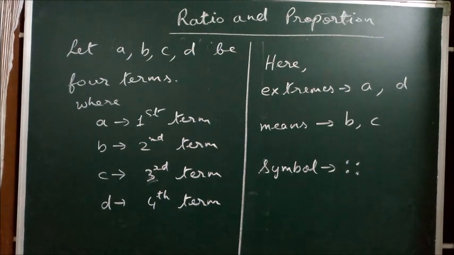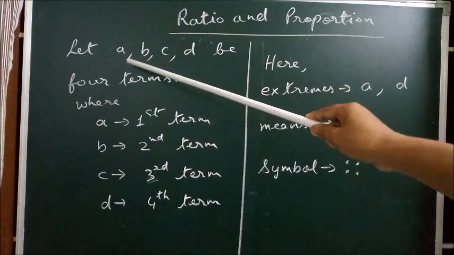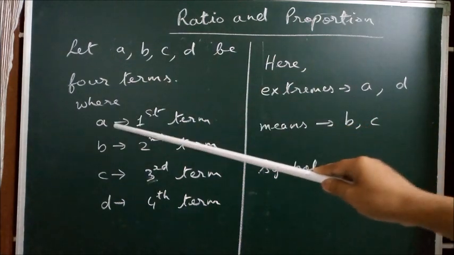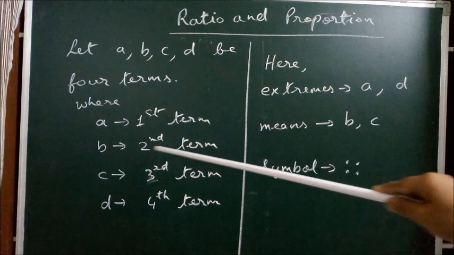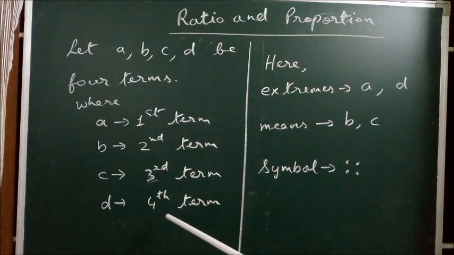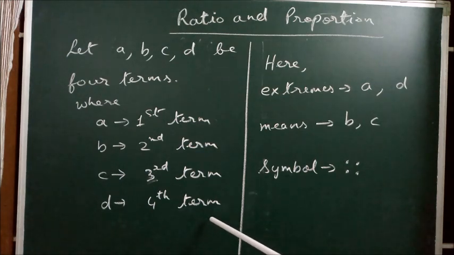So next we are going to discuss proportion. What is meant by proportion? Let us consider A, B, C and D as four terms, where A is the first term, B is the second term, C is the third term, and D is the fourth term.